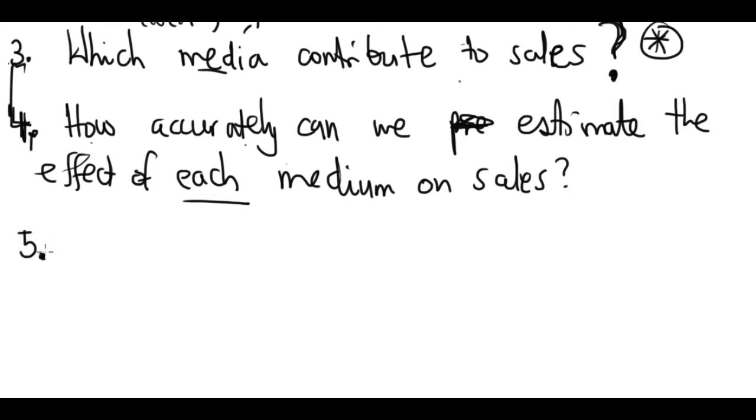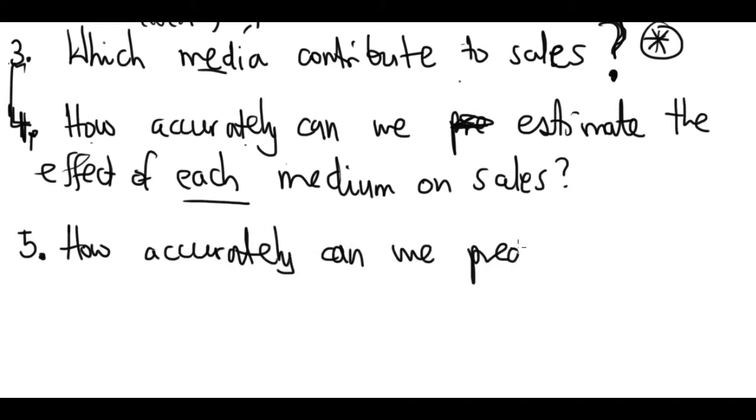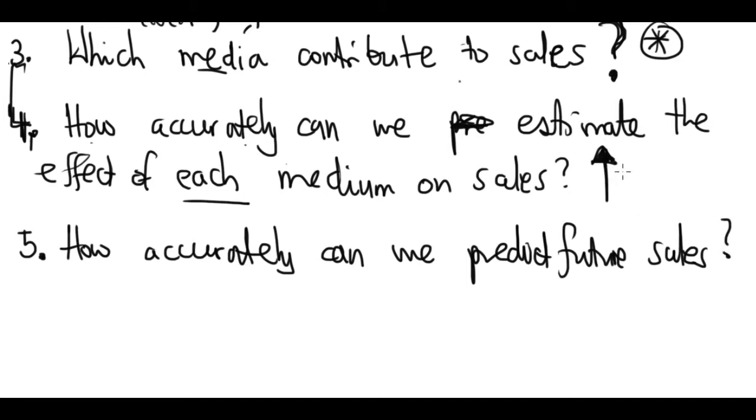And then question number 5, how accurately can we predict future sales? So here, going up there, we're busy building our model, right? Selecting the medium or the media that is contributing to sales.